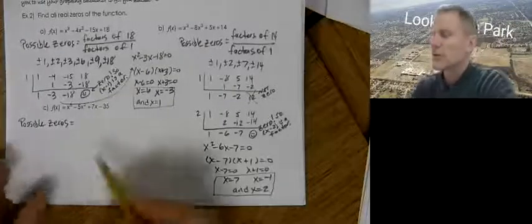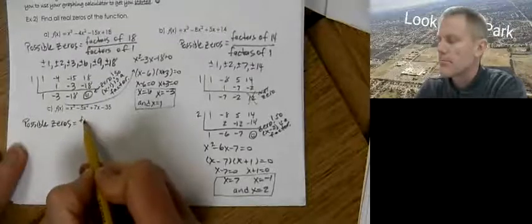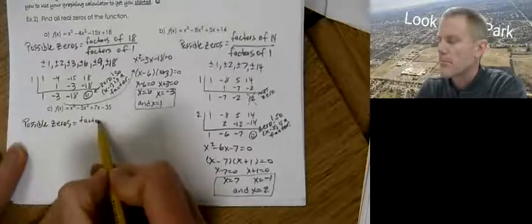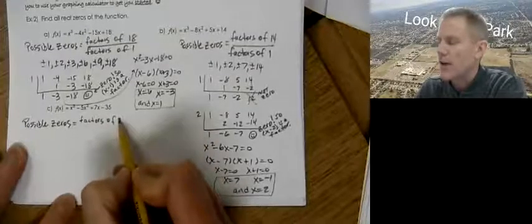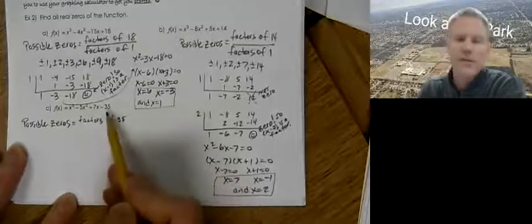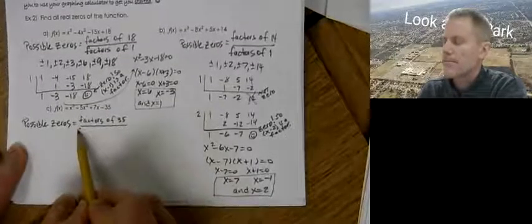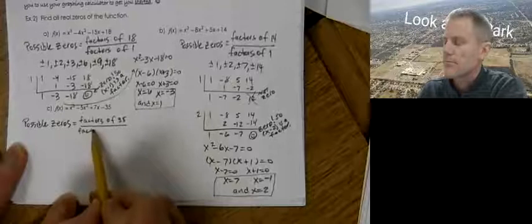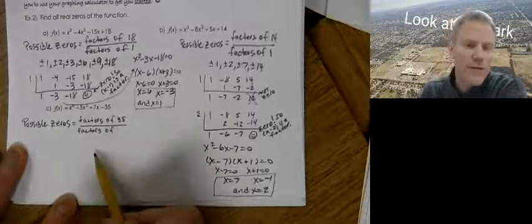So our possible zeros are going to be factors of 35. You don't have to worry about the negative, but it's the factors of 35 divided by factors of the leading coefficient.